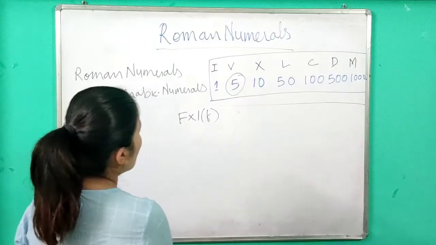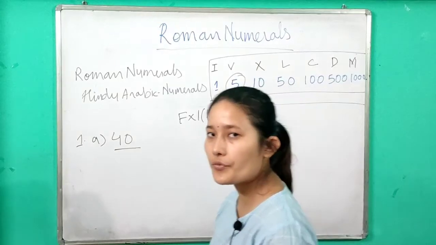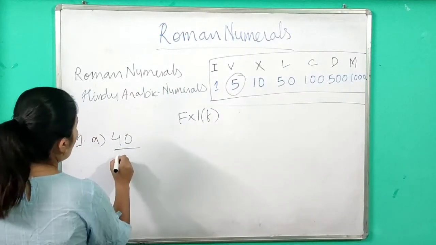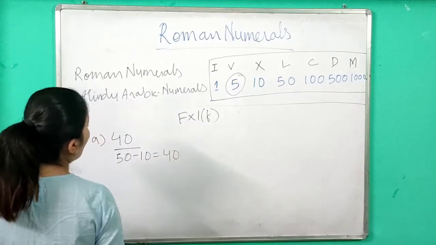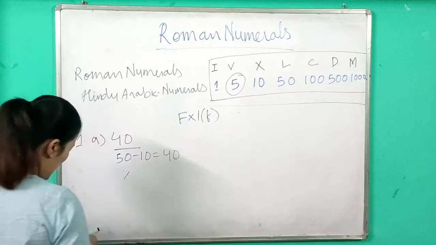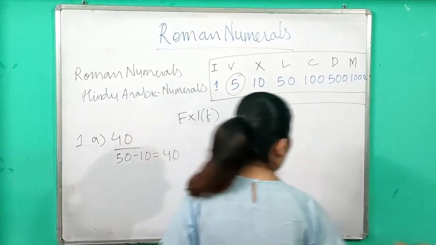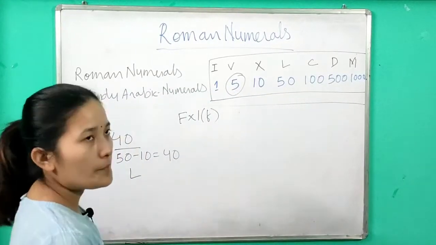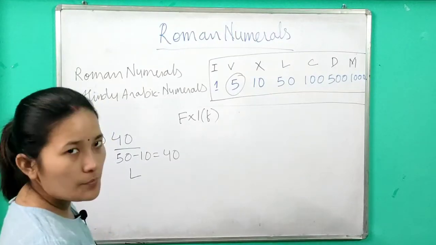So 40 is nearest to 50. First write 50 minus 10 equals 40, right? 50 means L, and if a smaller value comes before the greater value, then it is subtracted.